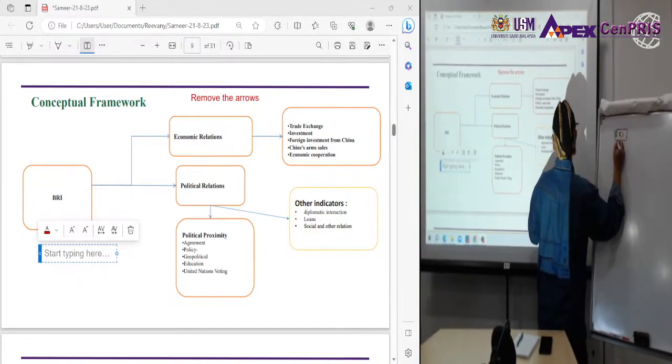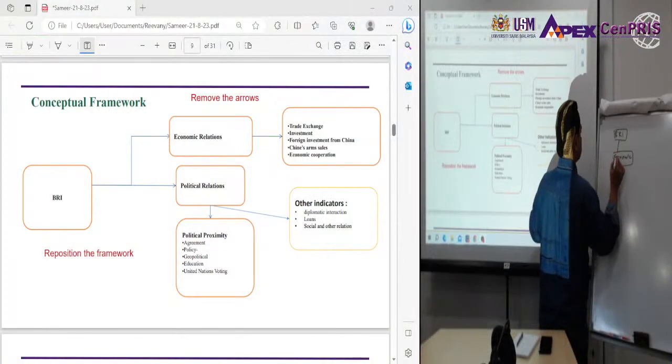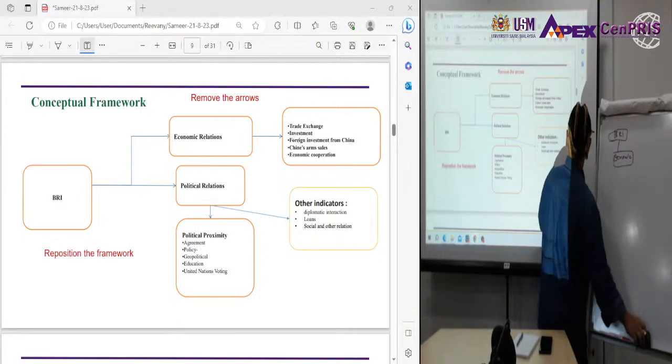So BRI, you're measuring BRI using economic. Yeah, the economic here, and you have this.